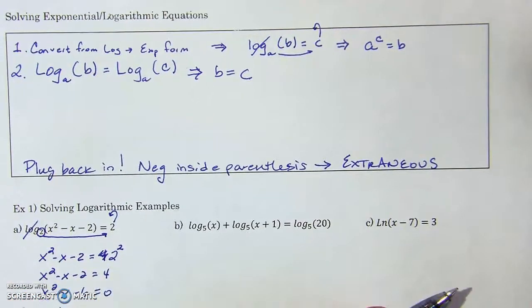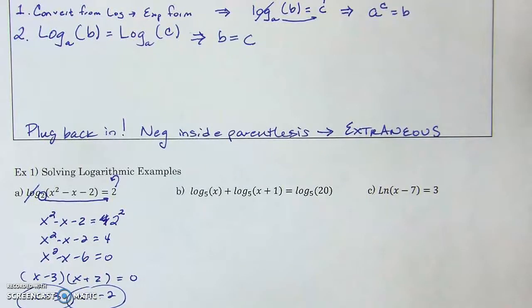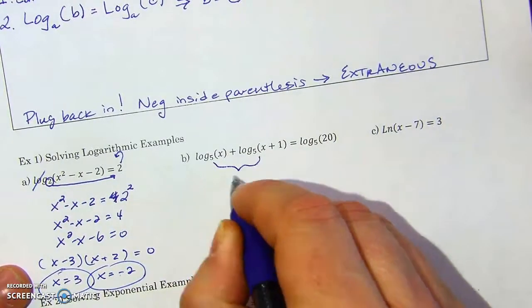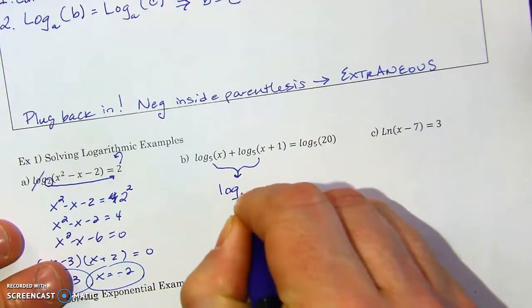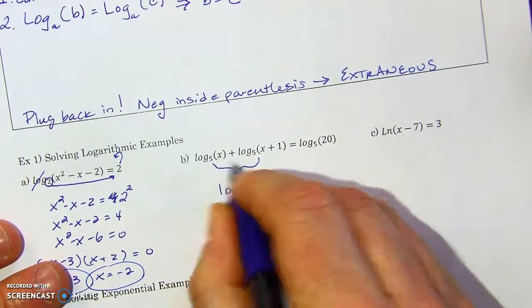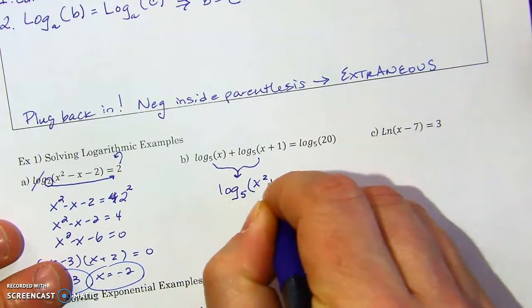In example 1b, that's going to happen here, but only after we condense. Can we take 2 logs of addition of the same base and turn it into 1 log? Yes, we can. That's going to help here. So then we would multiply the x and the x plus 1.